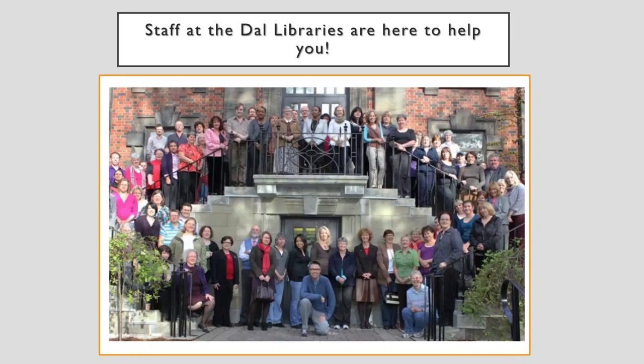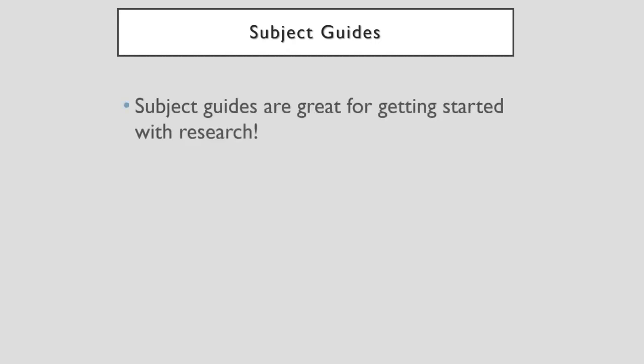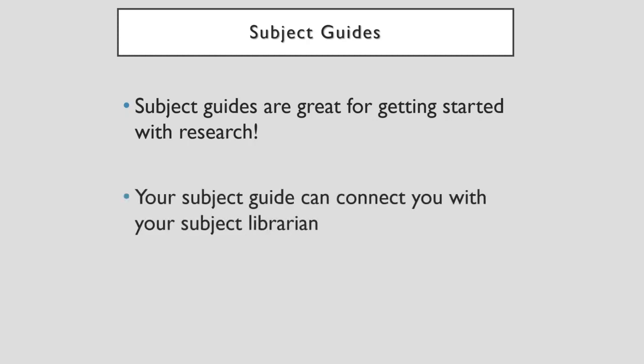So we're going to move on to some content now, and we're going to talk about subject guides, also known as library guides. Subject guides are great for getting started with your research. The subject guides can connect you with your subject librarian.